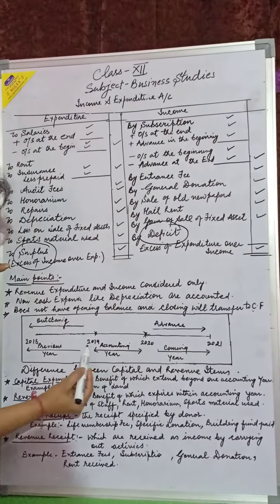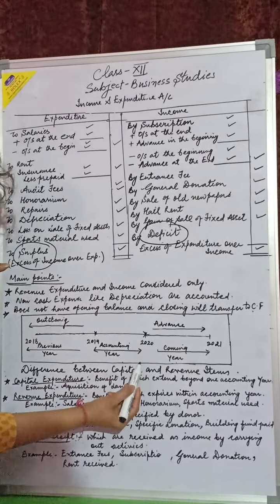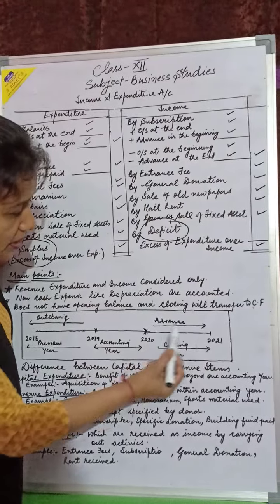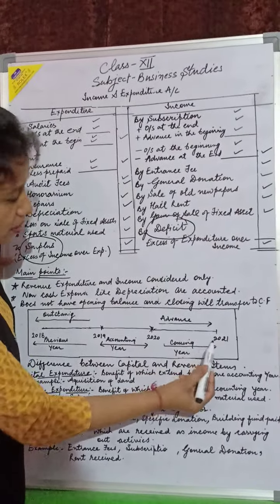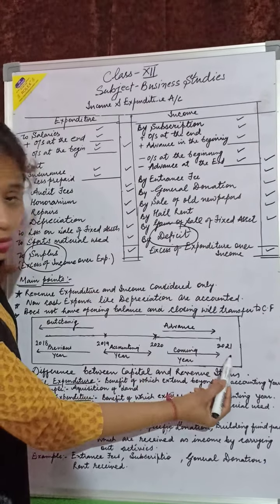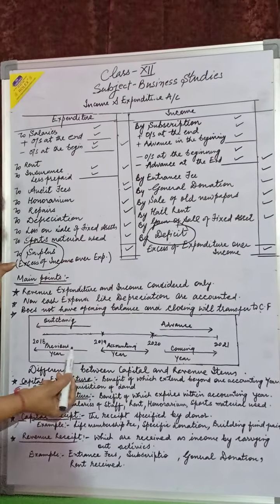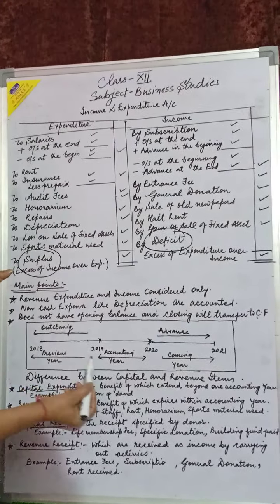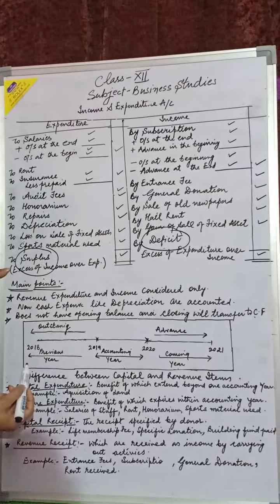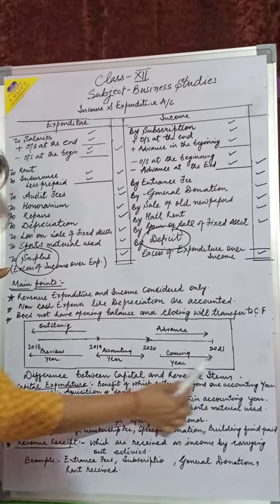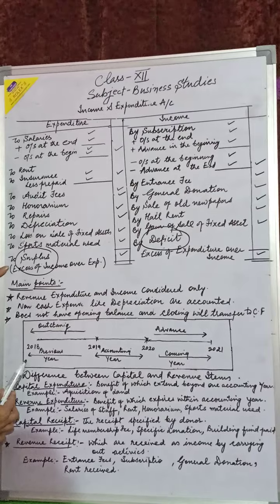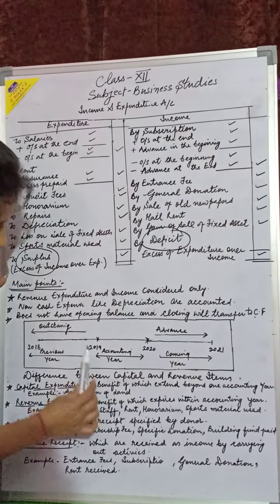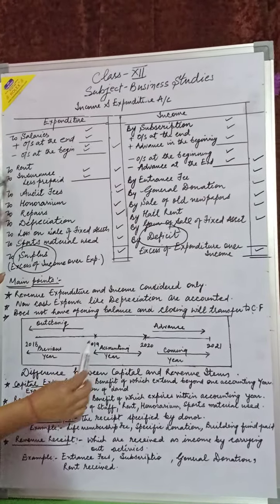Then the advance or coming year will be 2020-21, and the previous year will be 2018-19. You have to understand this point very importantly, because here we have divided the year.